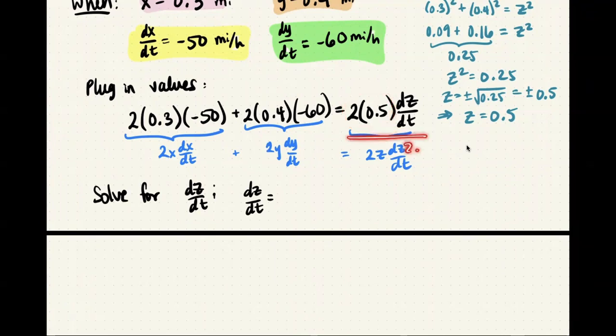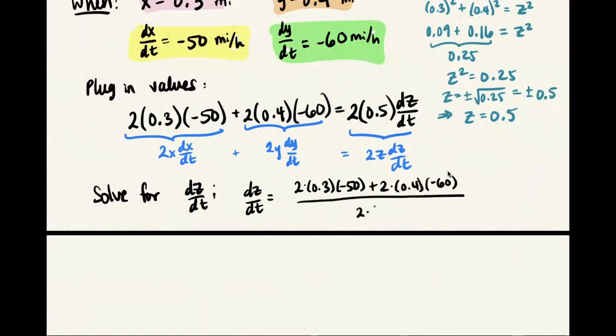I'm dividing this by 2 times 0.5, and I'm dividing all this by 2 times 0.5. Okay, so I'm going to compute 2 times 0.3 times negative 50 plus 2 times 0.4 times negative 60 all over 2 times 0.5. And if you put that in a calculator or you just kind of spend some time writing it all out, you'll get negative 78.